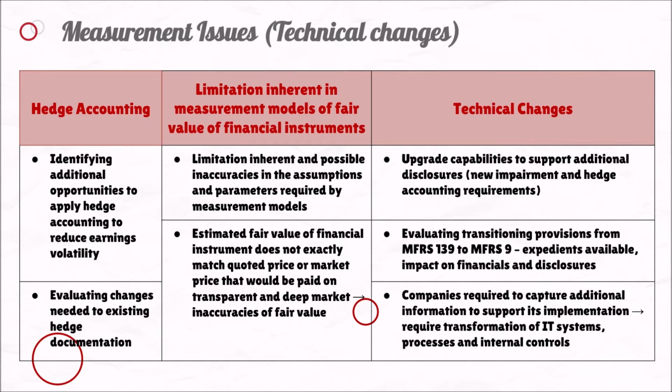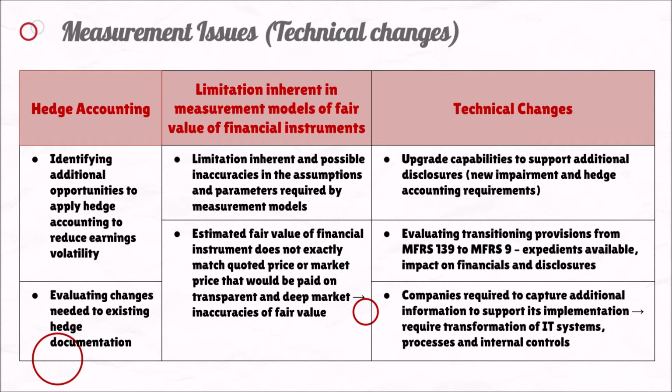This means that the estimated fair value of financial instruments does not exactly match the quoted price or market price that will be based on transparent and deep markets. As a result, measurement issues will arise as inaccuracies of fair value.